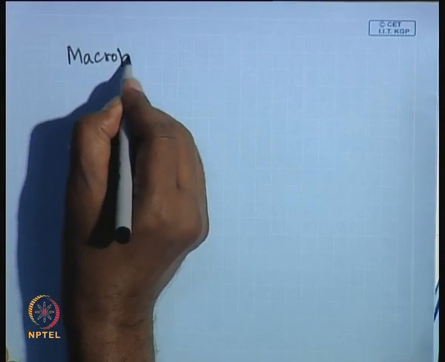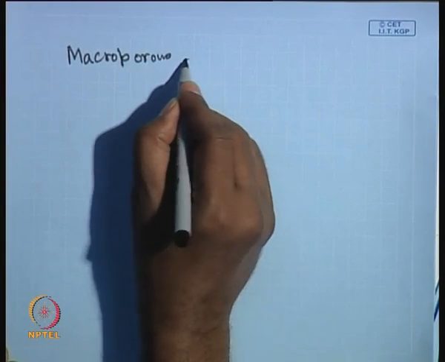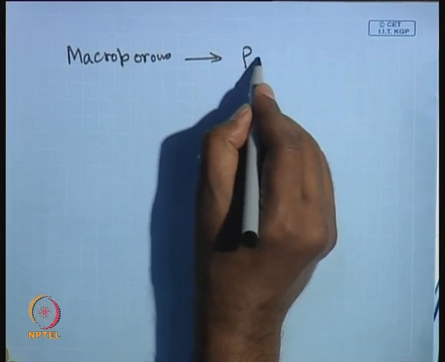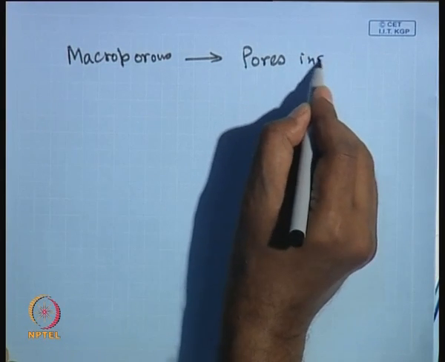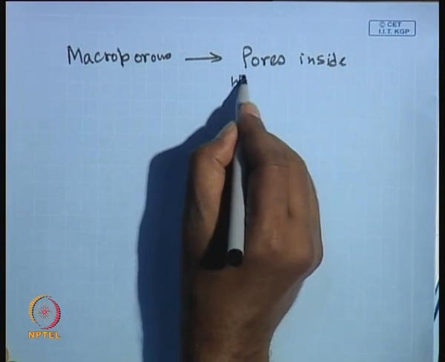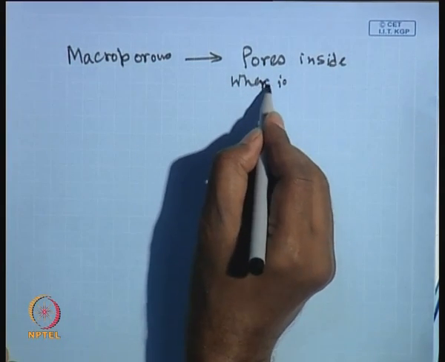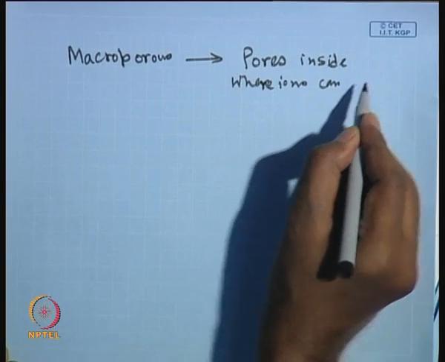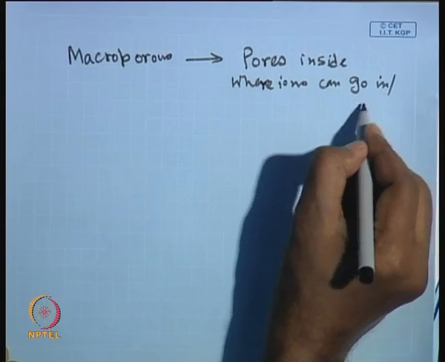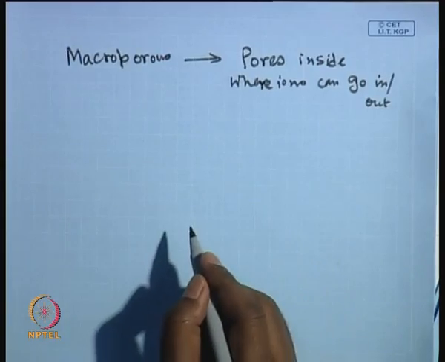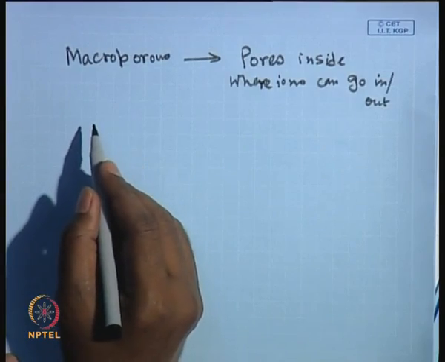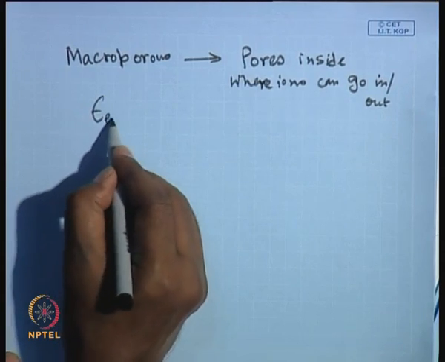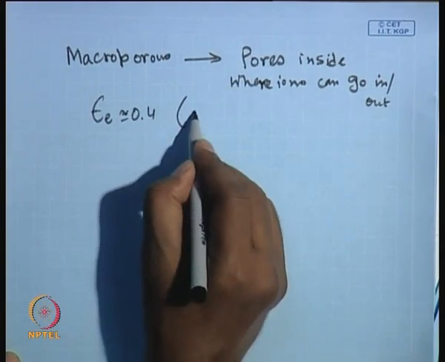Okay. So, macroporous beads have the pores inside where ions can go in or they can go out. So, ions can move through them. Typical external porosity, epsilon E, is about 0.4, that is a typical value of these macroporous beads.